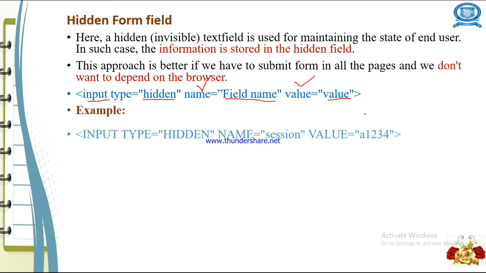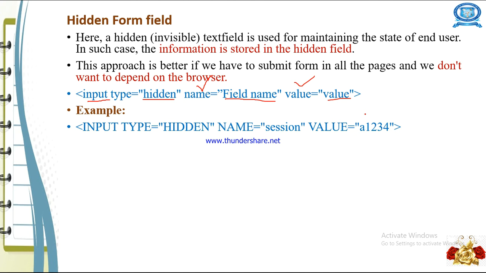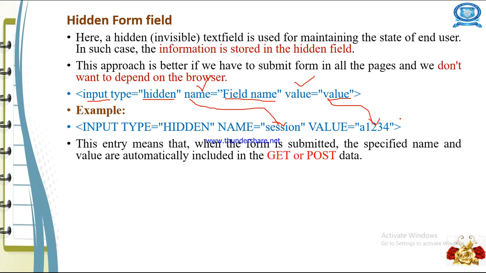For example, input type equal to hidden, name equal to session, value equal to 1234. The value is the default value. When the form is submitted, the specified name and value are automatically included, and the function gets or posts the data.